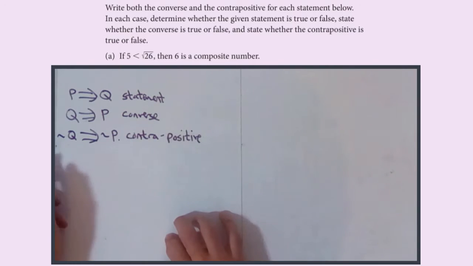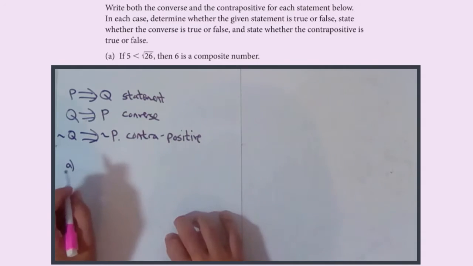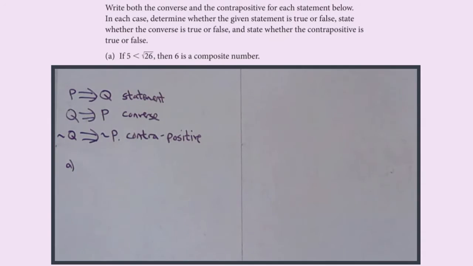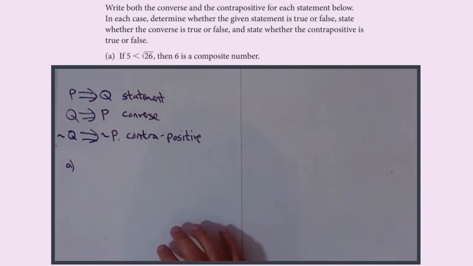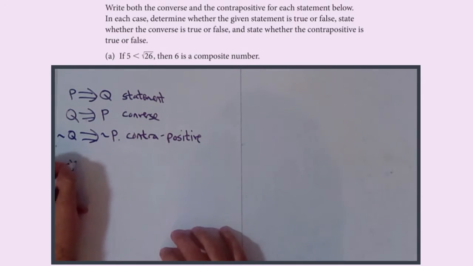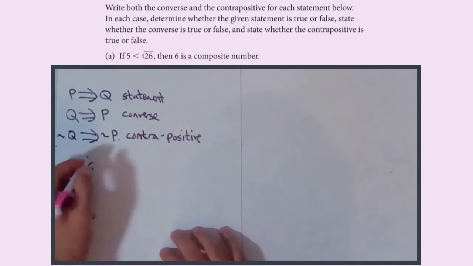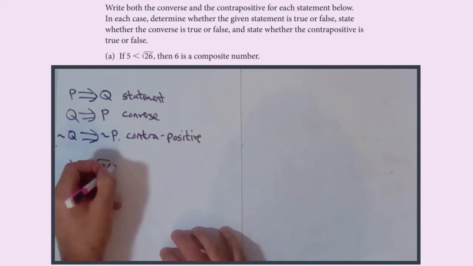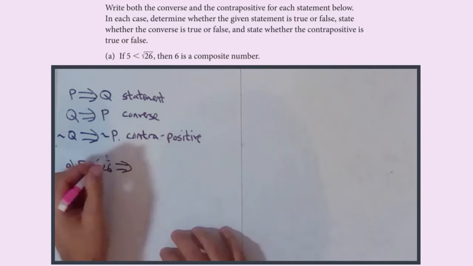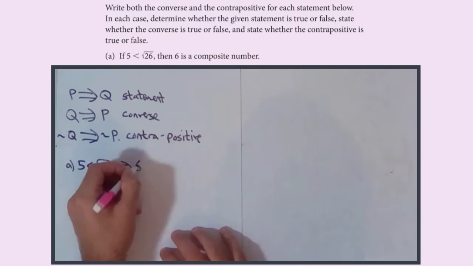Okay, so we'll start with A, and it says if 5 is less than root 26, then 6 is a composite number. So remember, if then, that means left implies right. So it means 5 being less than root 26 implies that 6 is a composite number.